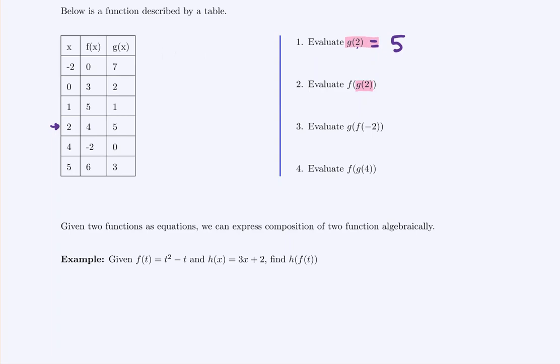From before, we found g of 2 is 5, which we could find again in the table if we needed to. So f of g of 2 is just f of 5. Now it's saying find the output value of f when the input takes on the value 5. So when x is 5, the f value is 6.